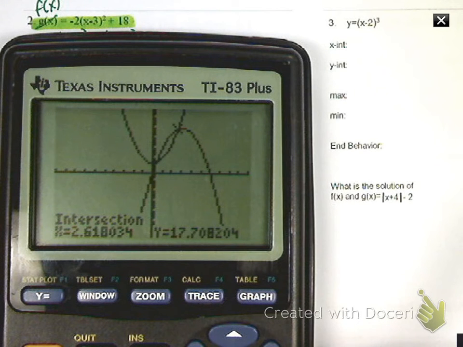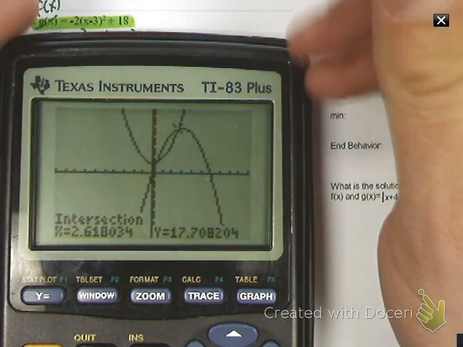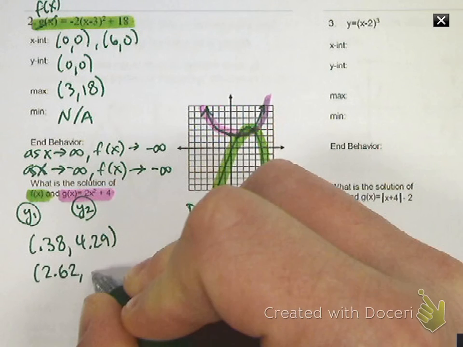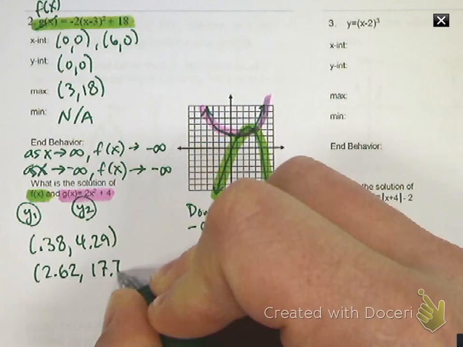Okay, so the intersection is 2.62, 17.71.